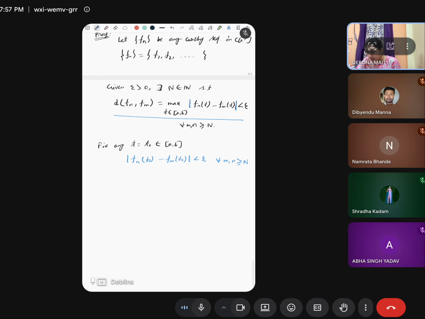Now what does this mean? fn is a function, but fn(t naught) is a point in the real numbers.